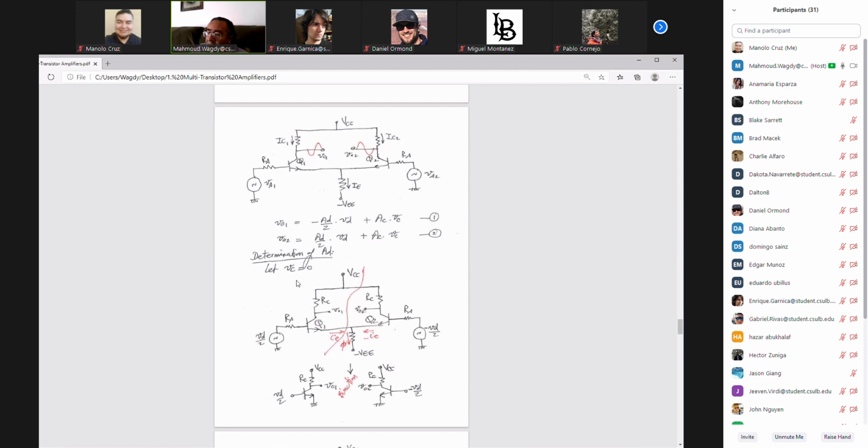So let's make VC, the common mode component, equal to 0. How are we going to do that? We're going to apply VD over 2 here, and minus VD over 2 here. So we took care of this first part.